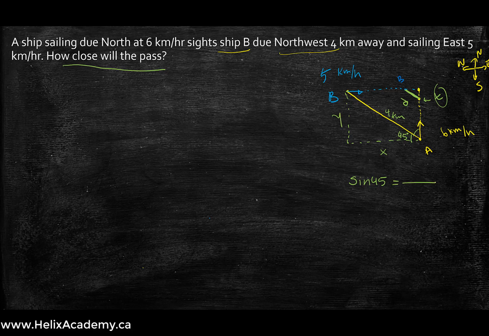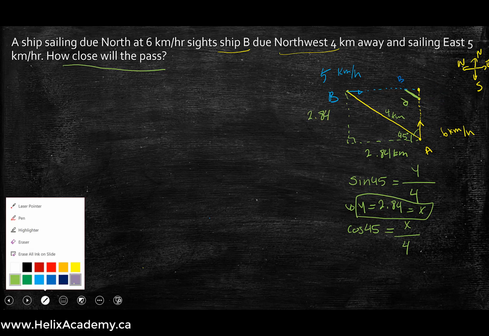So sine of 45 is equal to y over hypotenuse, which is 4, and cos of 45 is equal to x over 4. Now, if I calculate y from the first equation here, y is going to be 2.84. Since sine and cosine of 45 are equal to each other, that is also equal to x. So this distance here on my picture is 2.84 kilometers away, and so is this one.